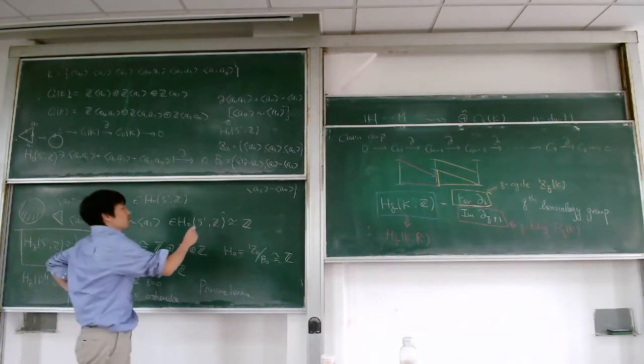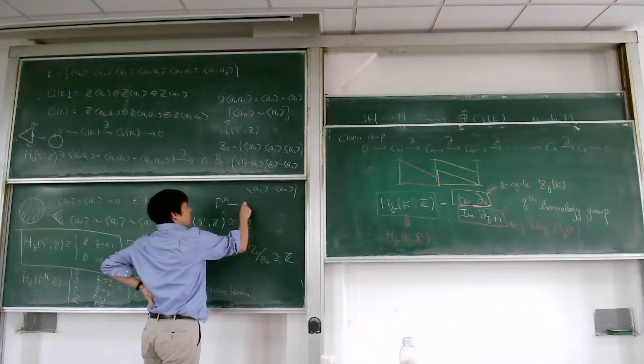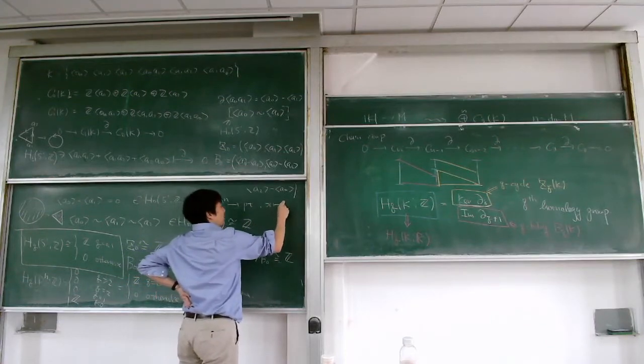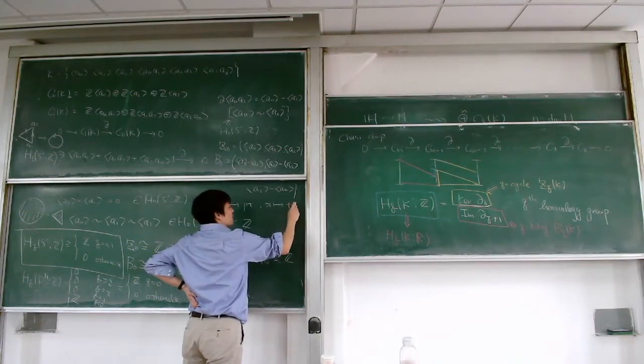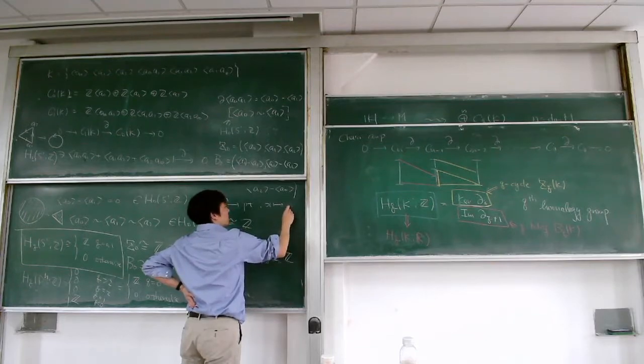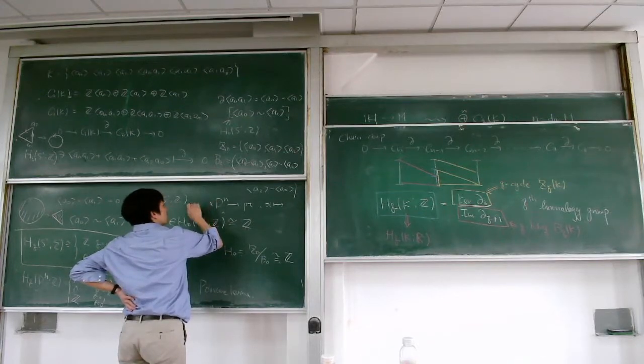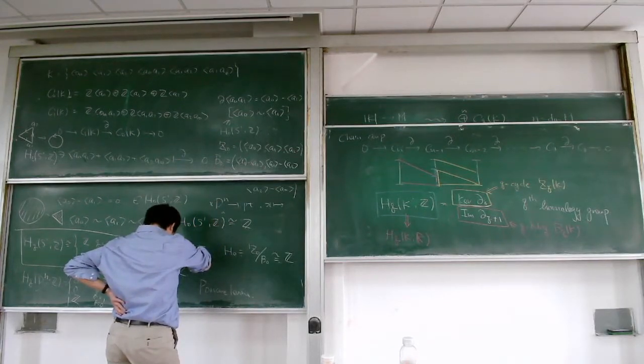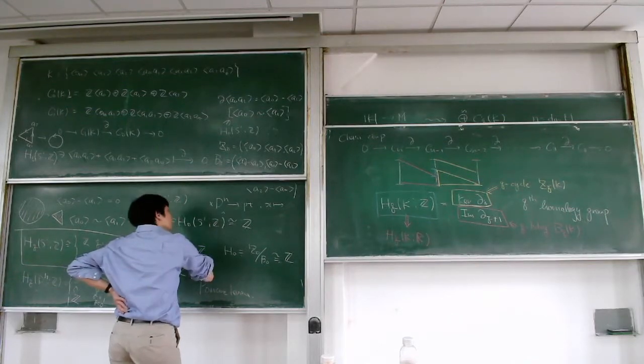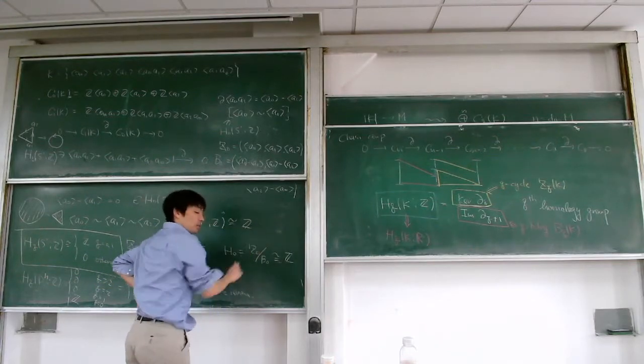Any disk, so the disk D^n, a point x is mapped to tx, continuously moving to the point. Maybe it's better to draw the picture.